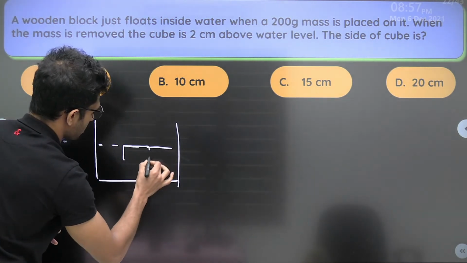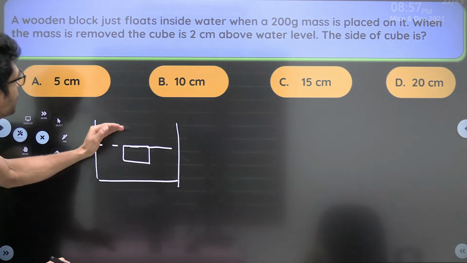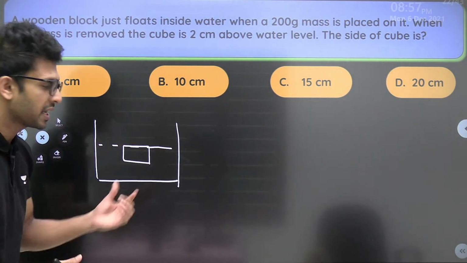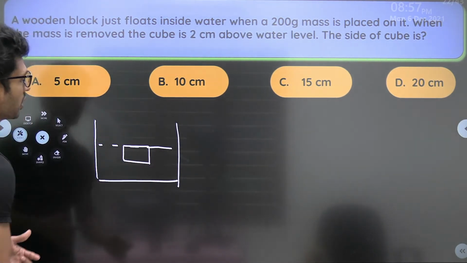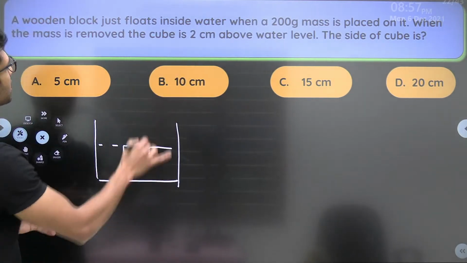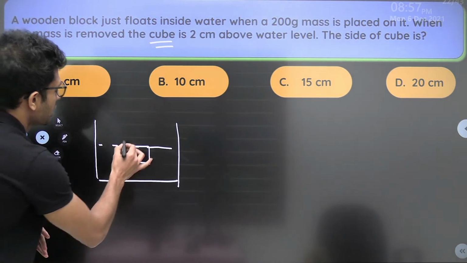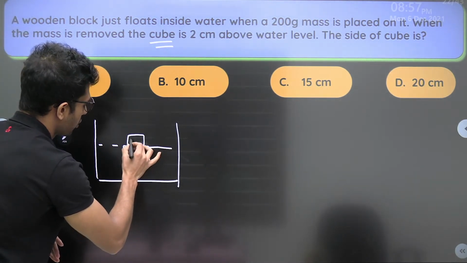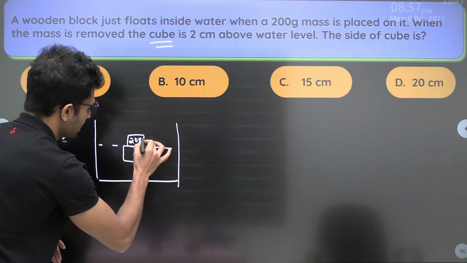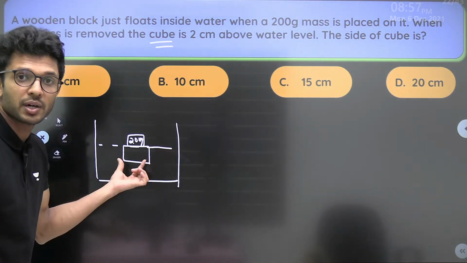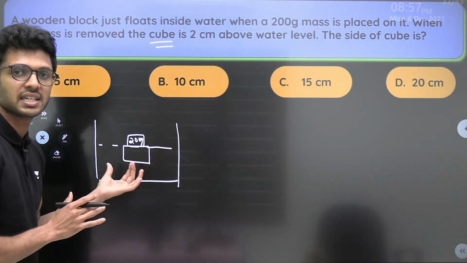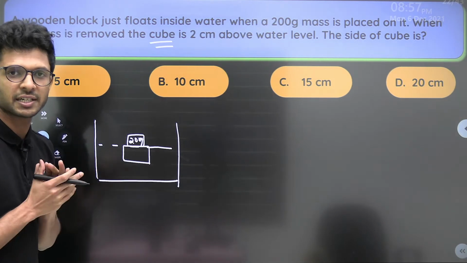A cube is just immersed inside, and this wooden block is having the shape of a cube, right? Initially, when you are keeping a body of mass 200 grams on it, the wooden block is completely immersed in this particular way. Is it clear?